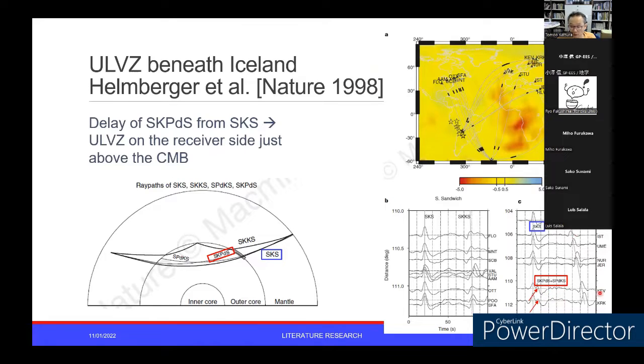Station KEV, and station KRK, the seismic waves from South America to these stations go through the core mantle boundary beneath Iceland. It has a very clear post-cursor.